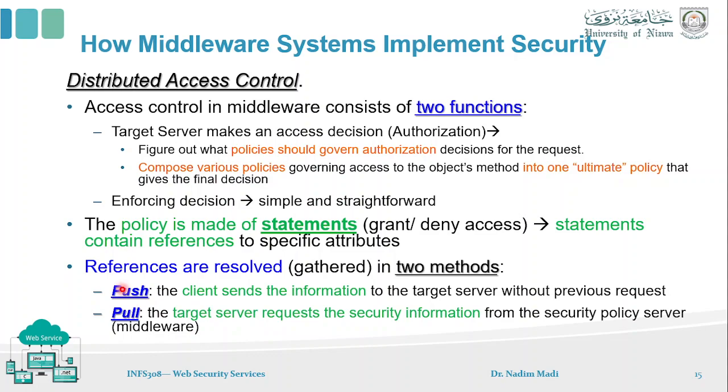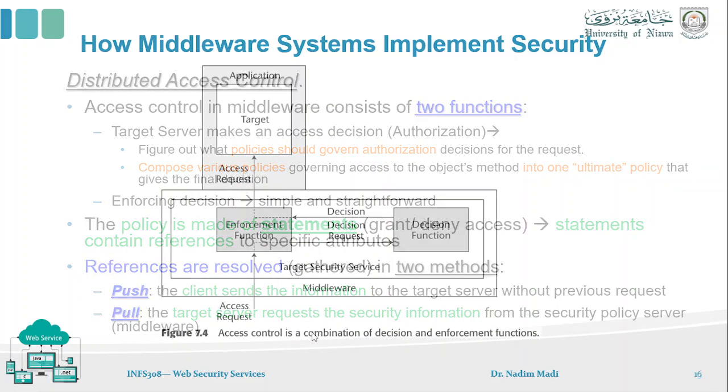The client sends the requirements in advance before it is being called. Pull is where the middleware requests the client to provide specific information.